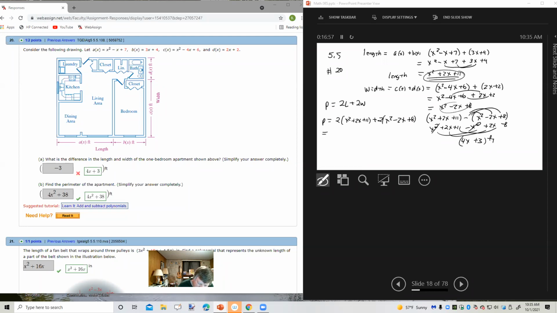So now we're going to distribute a 2, so we're going to get 2x squared plus 4x plus 22 plus 2x squared minus 4x plus 16, which is 4x squared, x's cancel, and then 38. And that, again, would be feet.